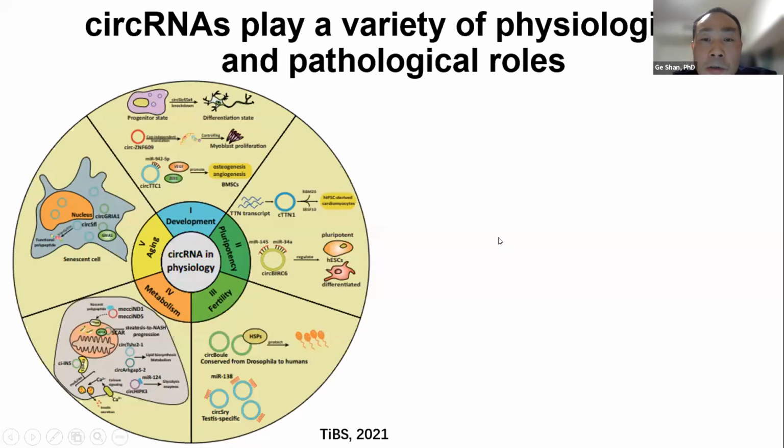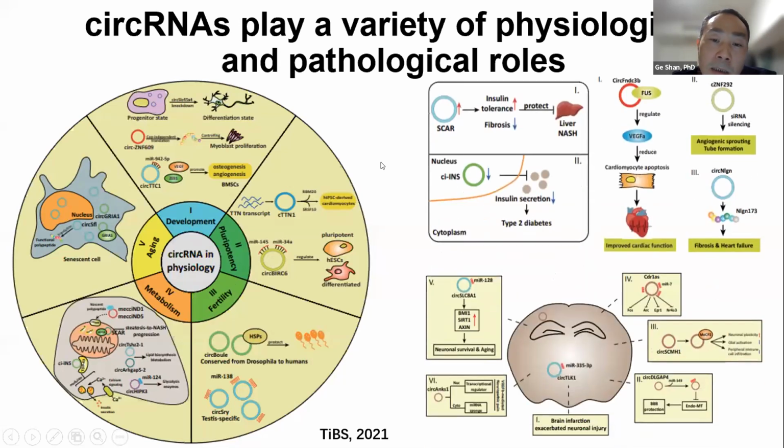They also play roles in a series of diseases, like circRNA1 in gastric cancer, and in metabolic diseases, cardiovascular diseases, and neurodegenerative diseases.